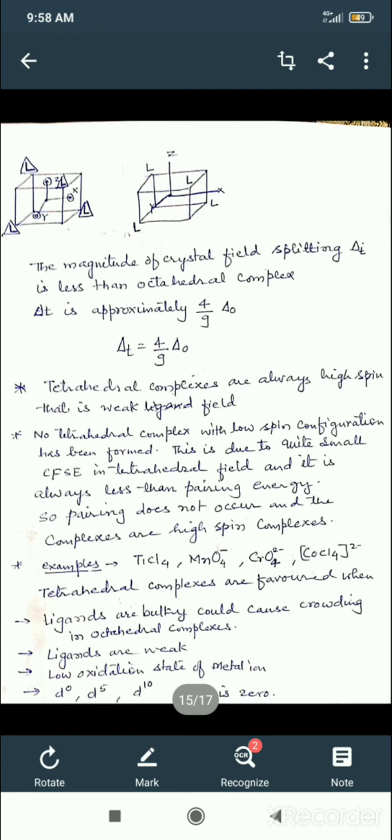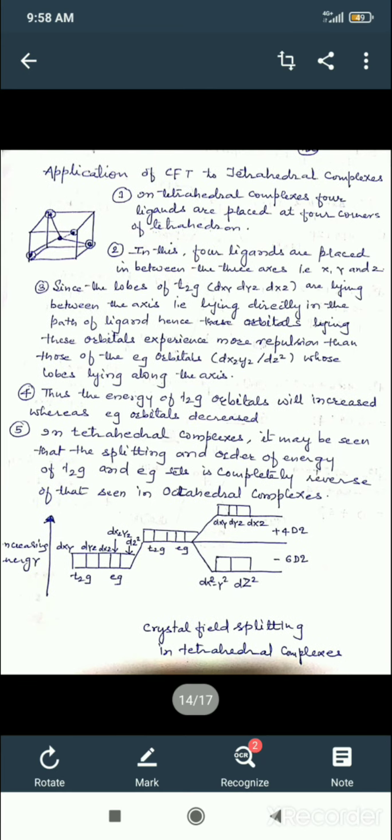Because ligands are sometimes bulky and cause crowding in the octahedral system. At that time tetrahedral complexes are favored. Sometimes ligands are weak. In the case of a low oxidation state of the metal ion, there is also a possibility of formation of tetrahedral complexes. This is the continued part of the last lecture.